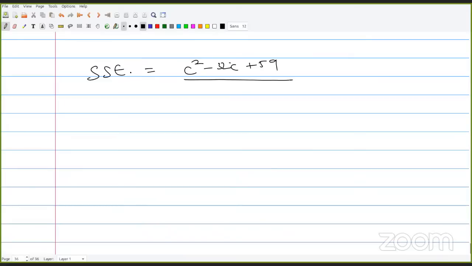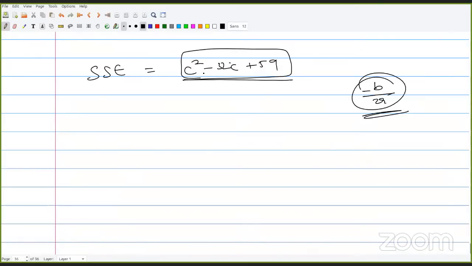Yes. Now, what will be the minimum value of this quadratic? Where will the minimum exist? At minus b by 2a. Yes, sir. So there it will take the minimum value. Use that there.